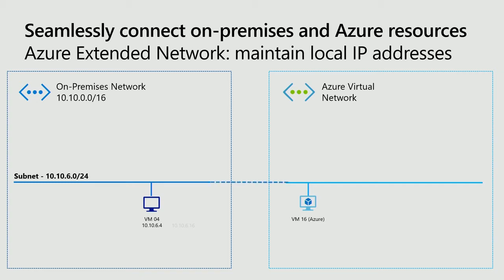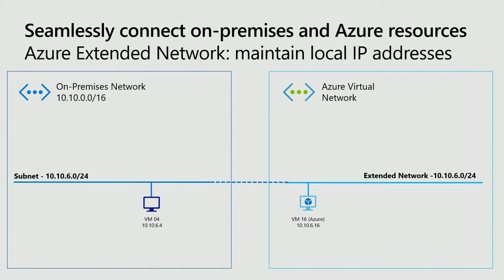So we create this Azure Extended Network, and what this does is it allows me to take that IP address into the cloud, because this is a site-to-site VPN. All of a sudden, that VM running in Azure has the same 10.10.6.16 address. It's almost magical the way this works, because now I don't have to worry about app compat. Because guess what? I took that vestige of IP address with me.